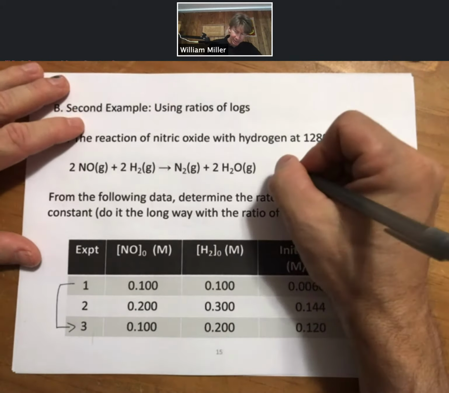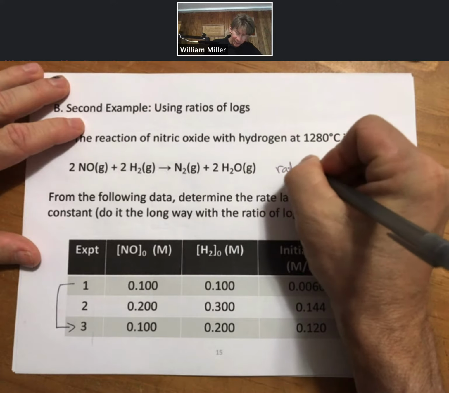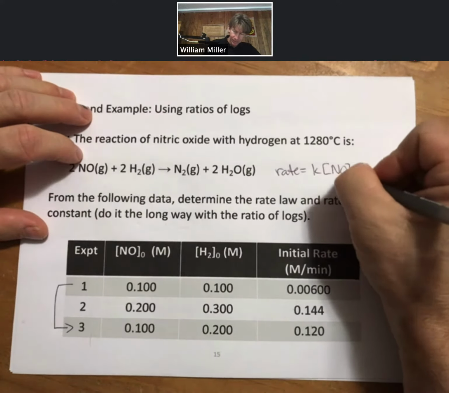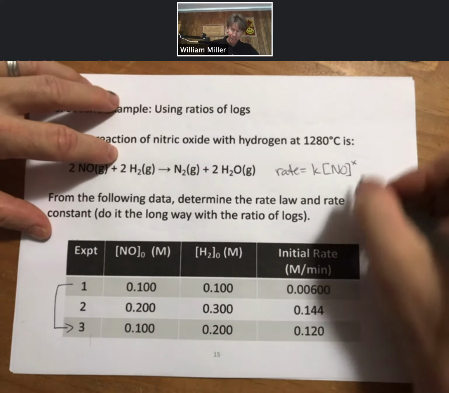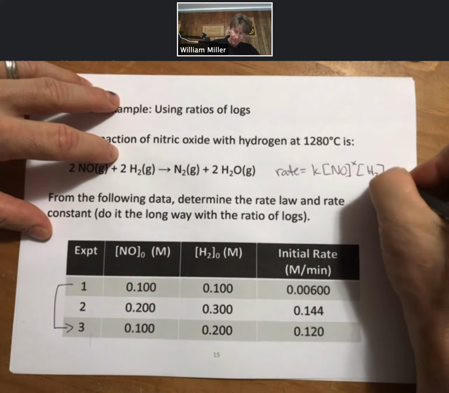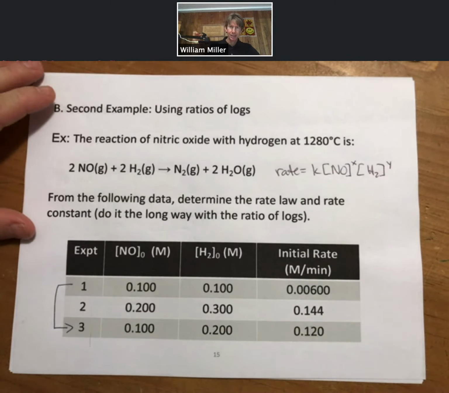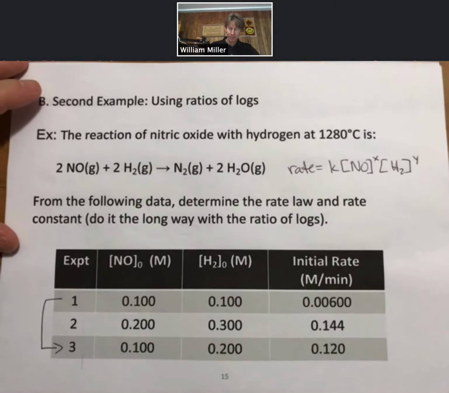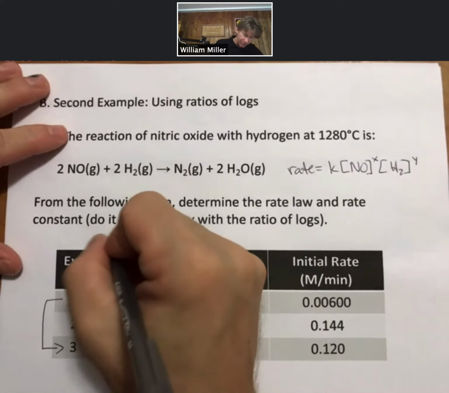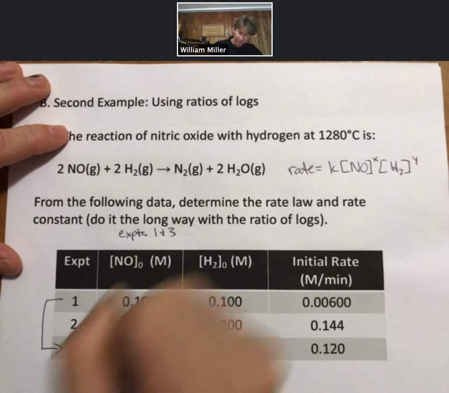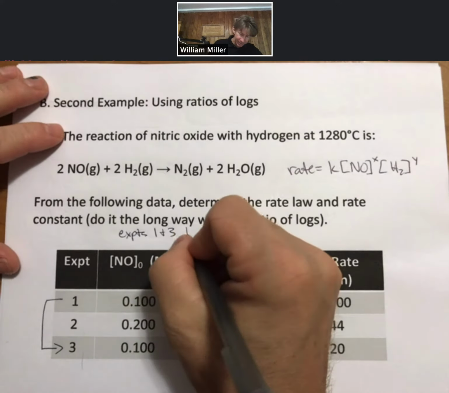Let me just write this out. Rate equals k times the concentration of NO to the x times the concentration of H2 to, well, we'll just call it y in this case. Zoom in, there we go. So we will use experiments 1 and 3 to find y.